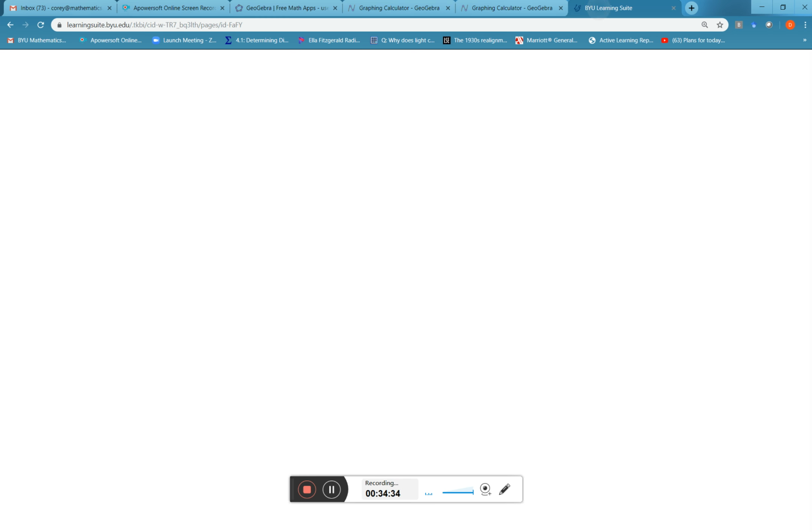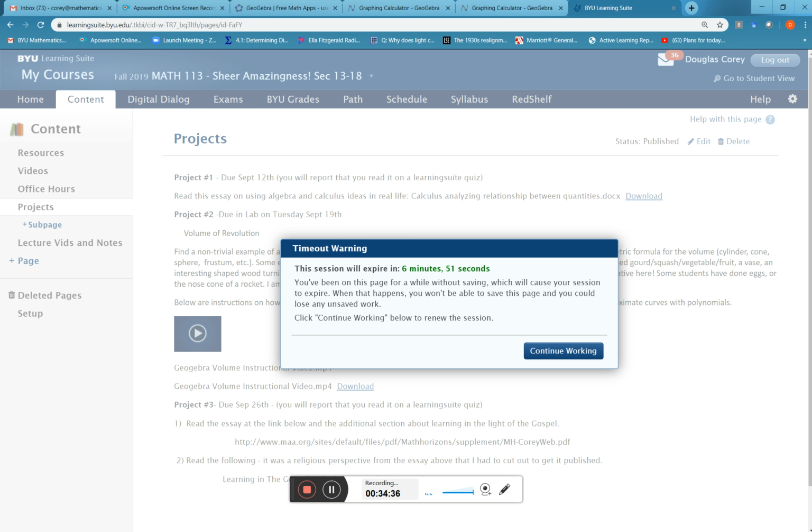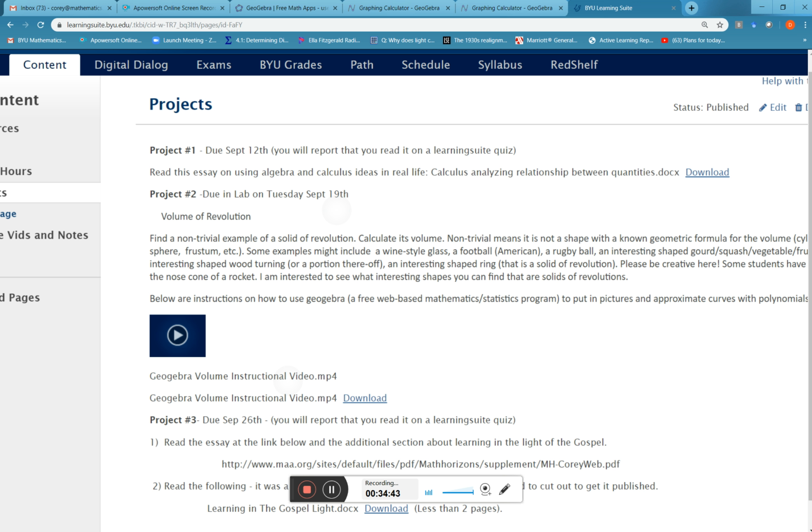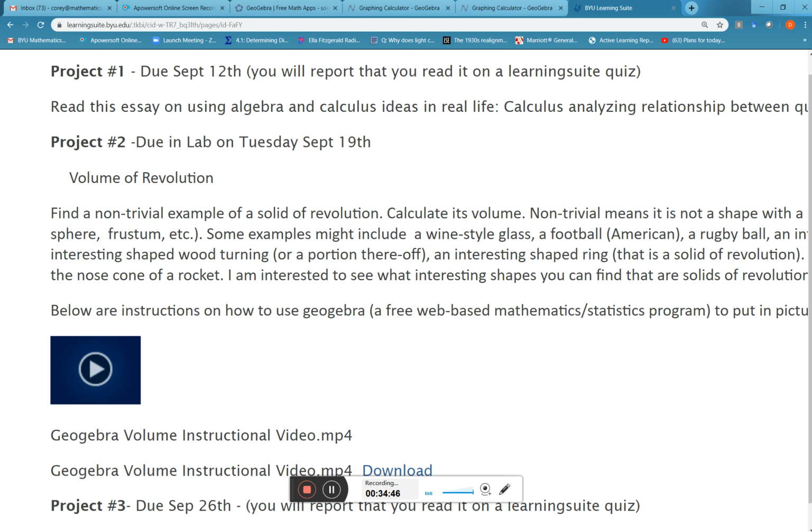Okay, if we go to BYU Learning Suite, Project 2. Project 2 has to do with finding a volume of revolution of an object that you find. Okay, you get to go find a volume of revolution. Or it can be a volume of slicing. It doesn't have to be a volume of revolution.